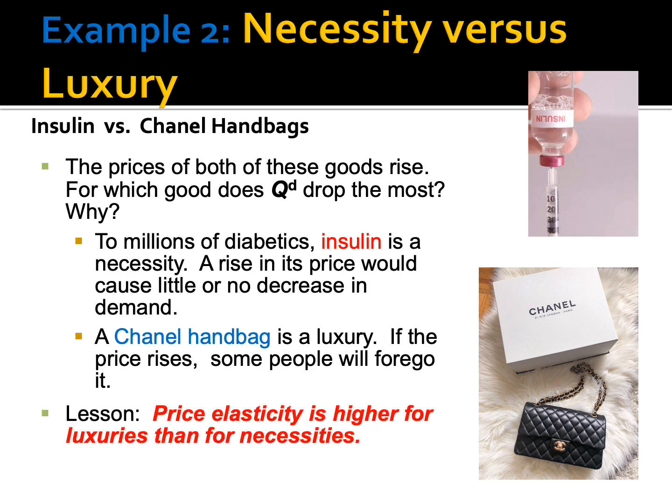So what's our lesson here? Price elasticity is higher for luxuries than for necessities, meaning consumers respond more, right? They change their behavior by more units of quantity demanded if the good is a luxury than for a necessity.